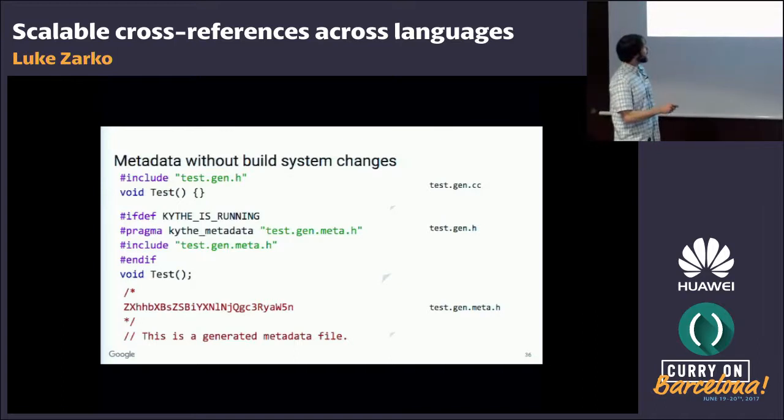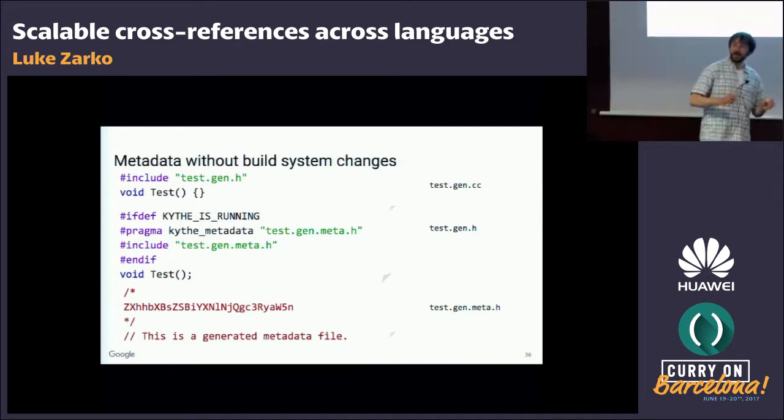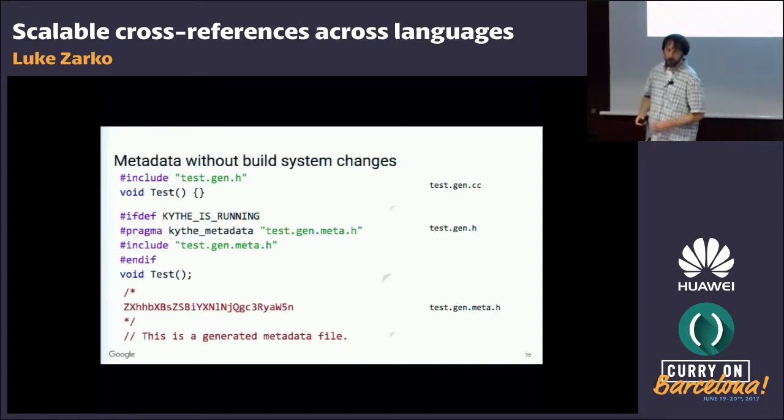And it understands already that header files are dependencies, or the header file that's part of a generated code dependency should be passed to all of the dependents of that thing. So everywhere that the generated code is used, so too is the metadata available. We've had two groups already internal to the company that have built custom support for their code generators based on this thing, where they didn't actually contact us first.